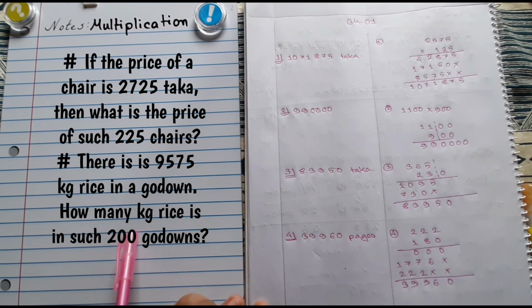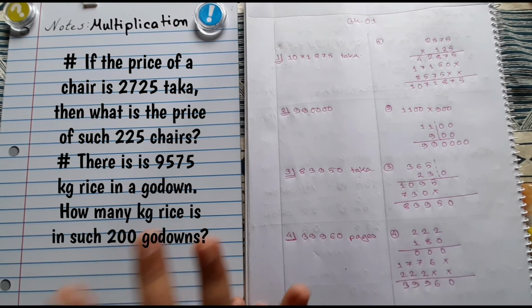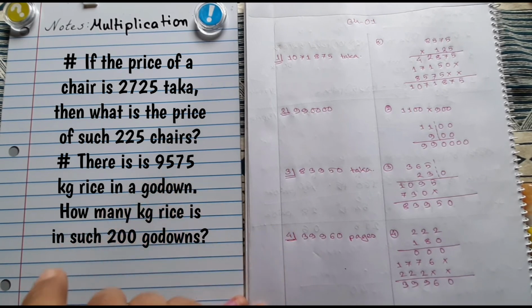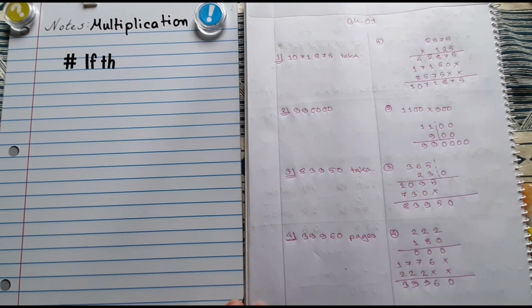And another question you can see over here is: there is 9,575 kg rice in a godown. How many kg rice will be there in 200 godowns? In one godown there is this much rice, then in 200 there will be more rice, and more means multiplication. M for more, M for multiplication.